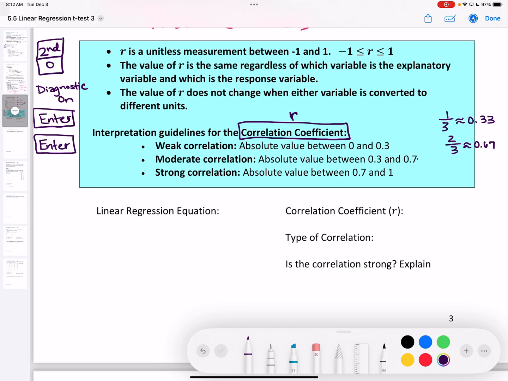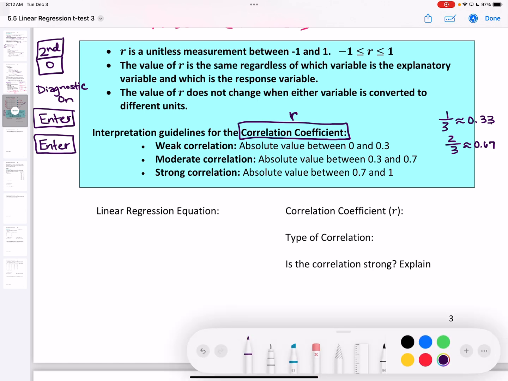So I actually classify 0.7 as strong. And the reason I'm telling you that, they said, what do we do if we get exactly 0.7? Well, look, it says absolute value between 0.3 and 0.7. Then this one says between 0.7 and 1. So that's why I'm telling you. If I get 0.7, I'm going to say that's strong. If I get 0.3, I'm going to say that's weak because it's less than 0.3333.